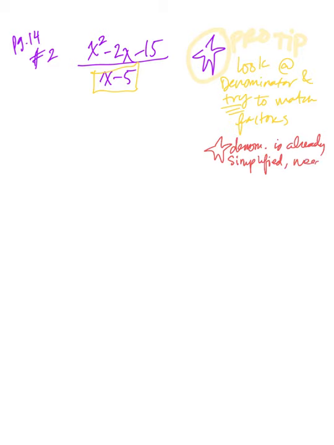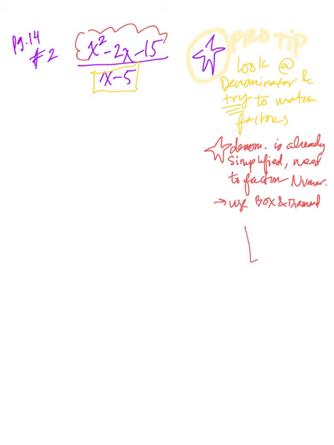I need to factor the numerator. So you have to factor this, and you can use box and diamond, or the one that has the circle in it. It's the same thing, honestly.